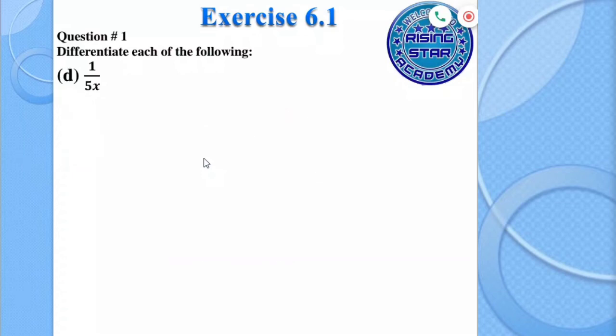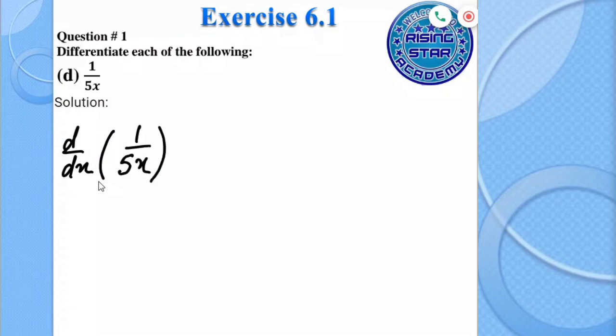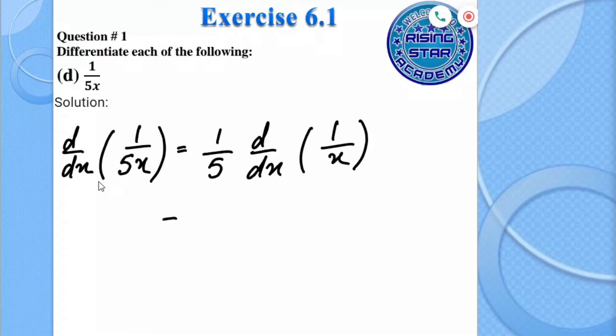Next problem, part D. We will take the derivative d by dx of 1 over 5x. So we can't take the derivative with the variable in the denominator. So we have to move it into the numerator. For that purpose, first of all, we will write the constant outside. Now we have only 1 over x, that is a variable.